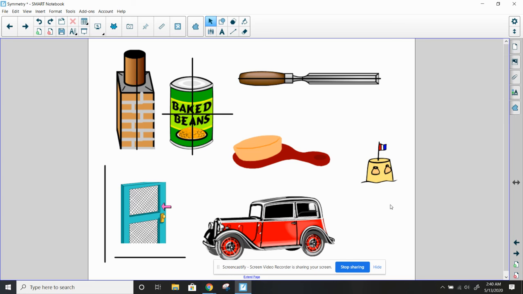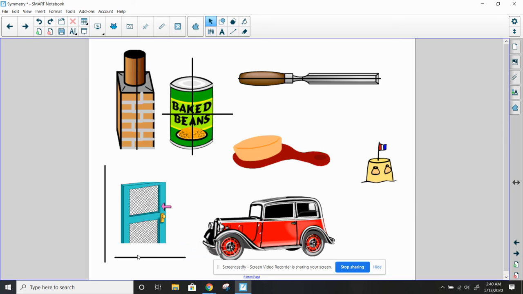Let's look at this sandcastle. Do you think it has a line of symmetry? Well, let's try my horizontal line of symmetry. Can I draw a line this way?